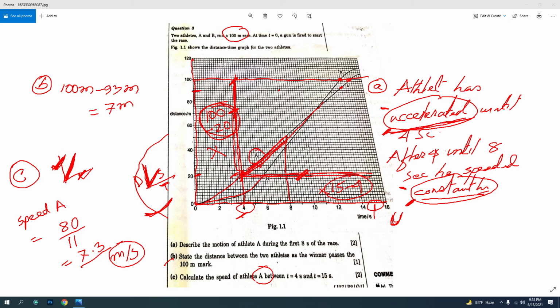So for getting the speed of A, we have to get the value of this line, that is already 80, and we have to get the value of this line, that is 15 minus 4, I mean 11. Why 15? Because the last destination is 15 and the beginning destination is 4. So 15 minus 4 is 11. So this is one value, this is another value, and this is the answer.